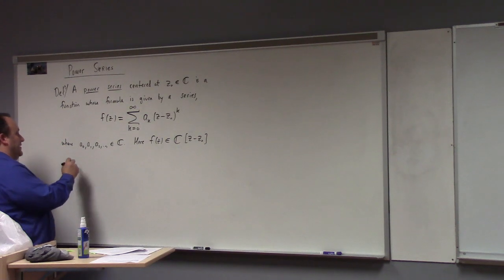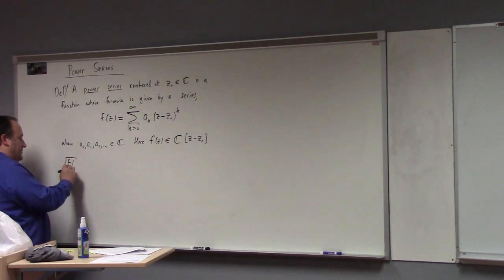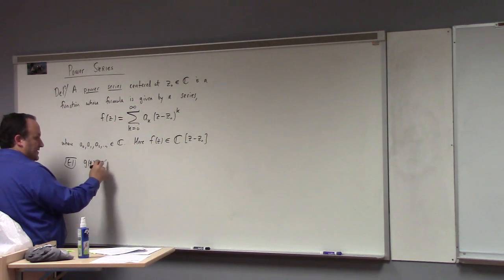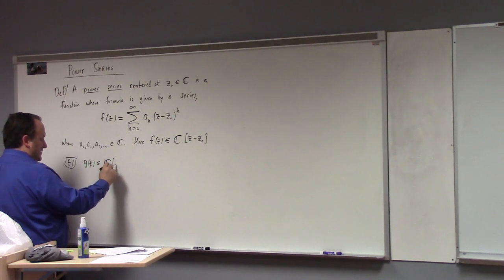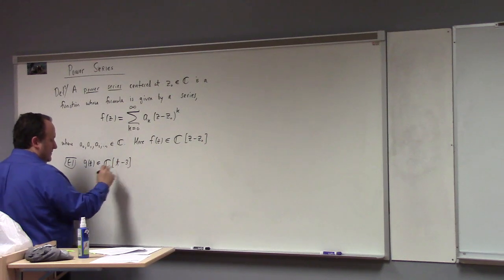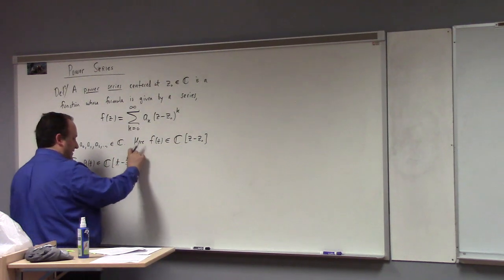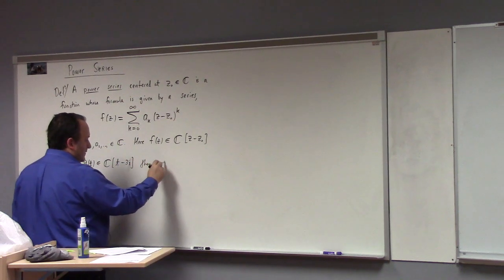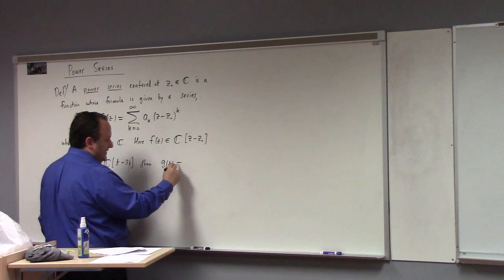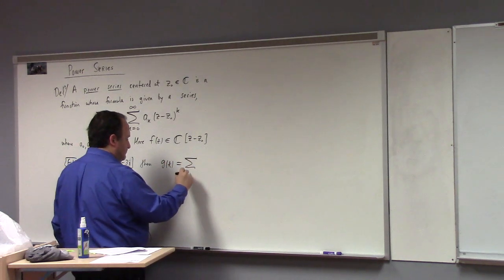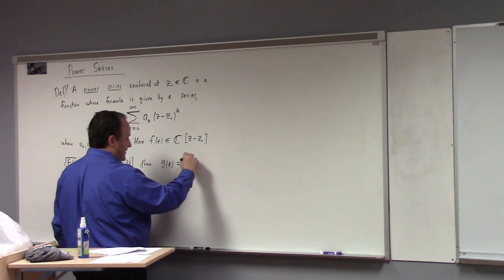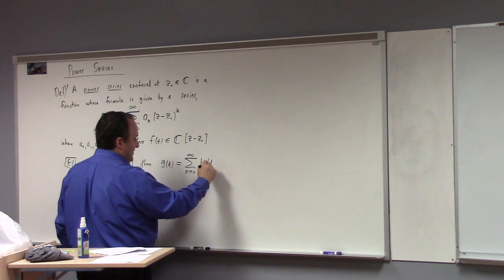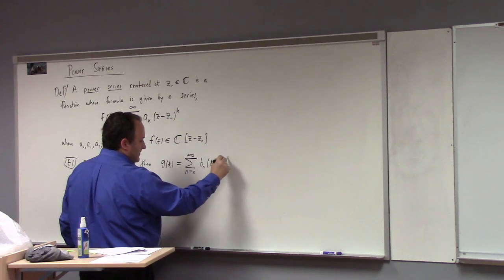So for another example of this notation, if I was to say g of t was an element of the polynomials in, say, t minus 3i, I'll make it complex here for a second, then g of t would be something like the sum, n equals 0 to infinity of b sub n times t minus 3i to the n power.